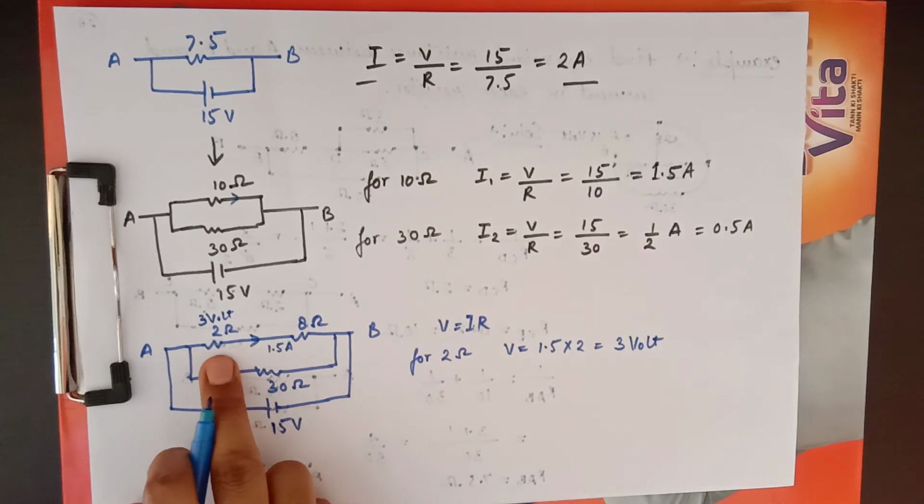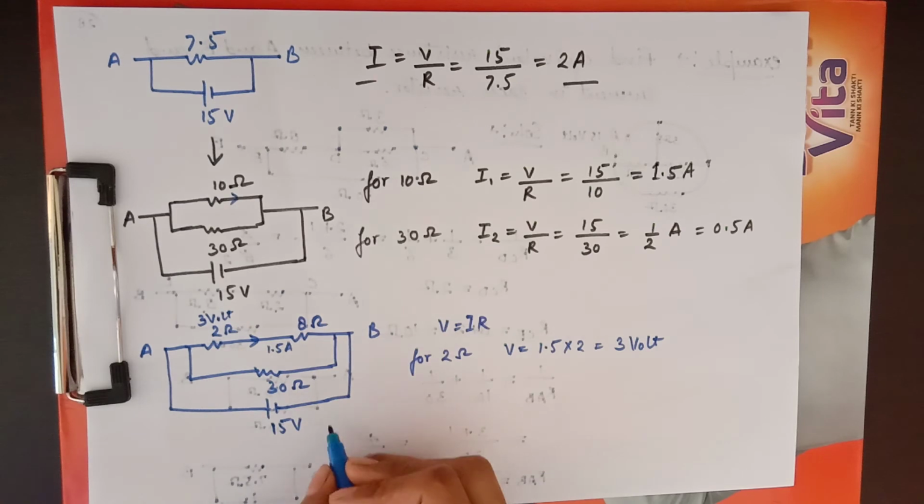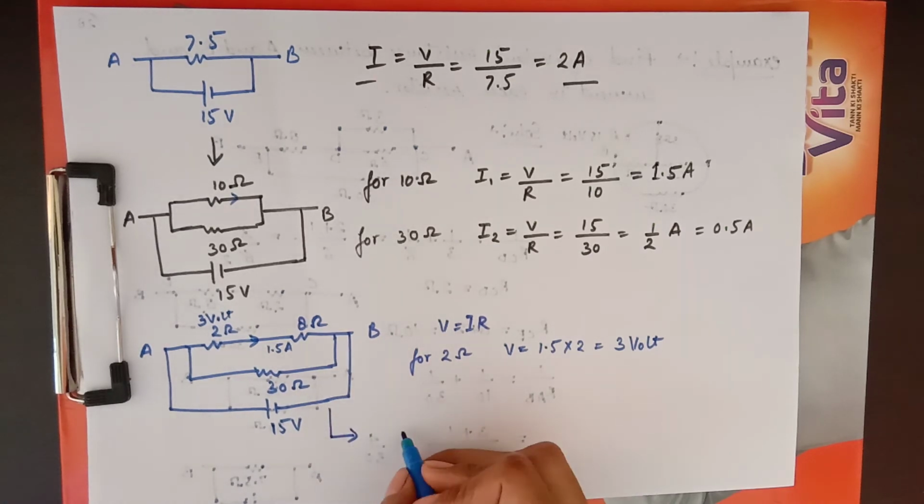Now this resistor is a combination of two resistors, 6 ohm and 3 ohm. We are going in reverse direction.